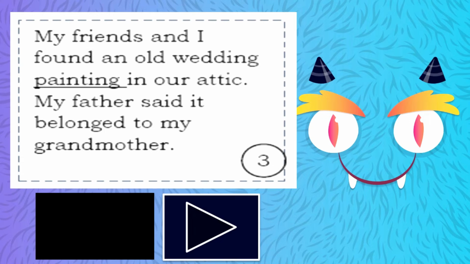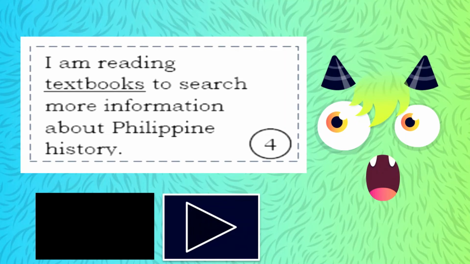Number 3, my friends and I found an old wedding painting in our attic. My father said it belonged to my grandmother. 5, 4, 3, 2, 1. Number 4, I am reading textbooks to search more information about Philippine history. 5, 4, 3, 2, 1.